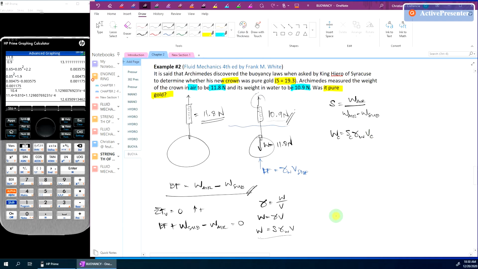And as we said earlier, the buoyant force is equal to the specific weight of water times the volume displaced.